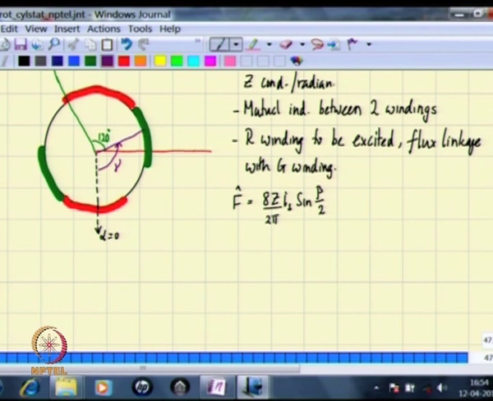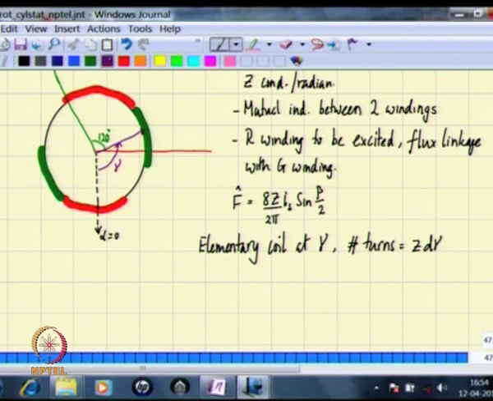So, a small angular displacement of d gamma here, and then the elementary coil at gamma having number of turns equal to Z times d gamma.